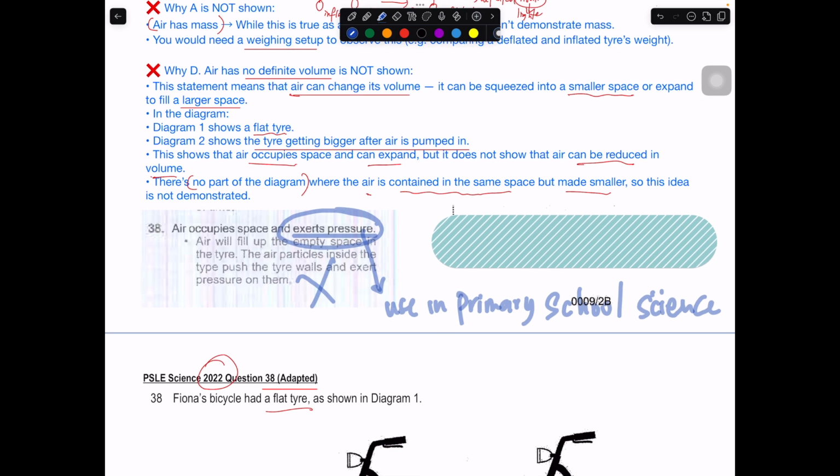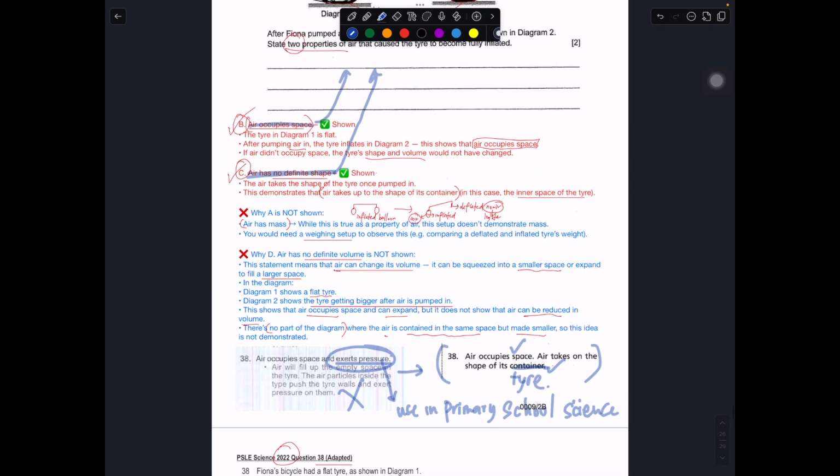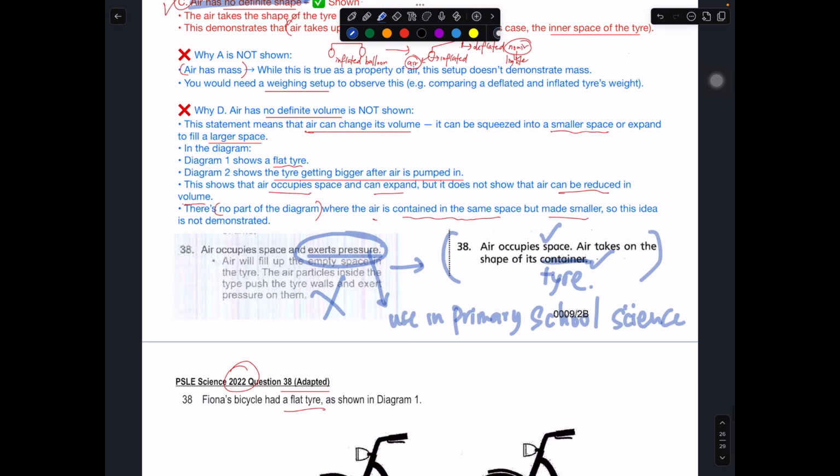After some time, they changed to another form of answer, which is more correct. From the publisher, it should be that air takes up the shape of its container, in this case the tire. That's not really okay, but this should be the correct answer.